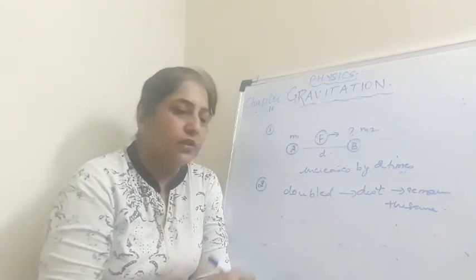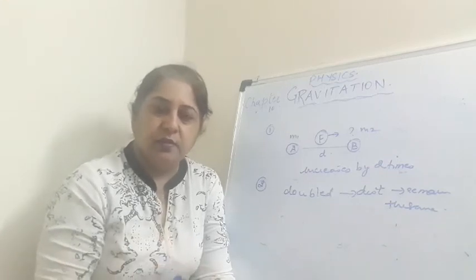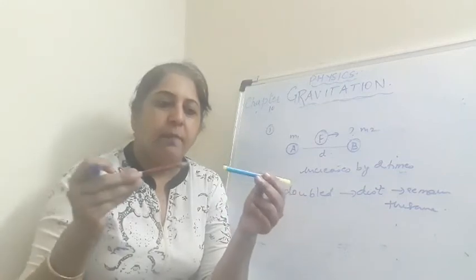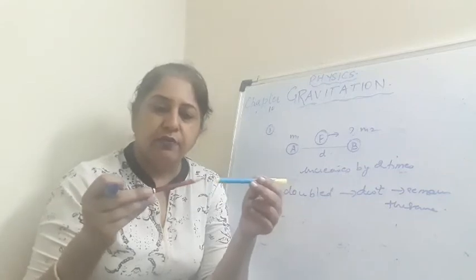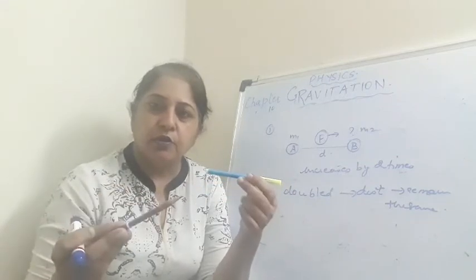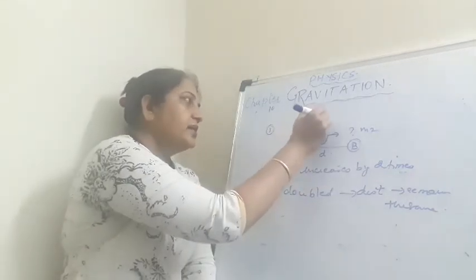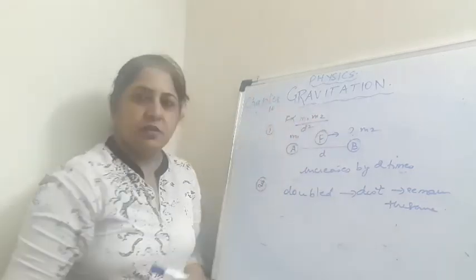I hope Newton's law of gravitation is clear to you: every object in the universe attracts every other object by a force. This force is attractive in nature, directly proportional to the product of the masses, and inversely proportional to the square of the distance between them.